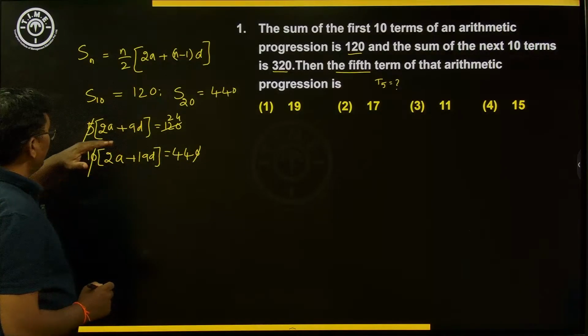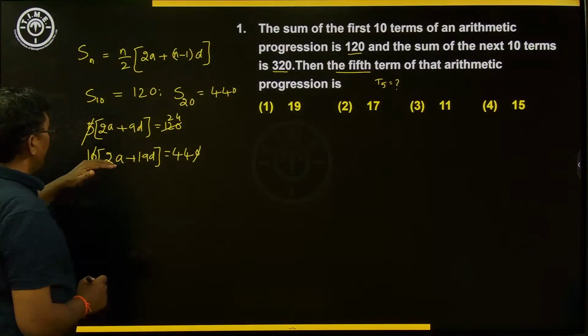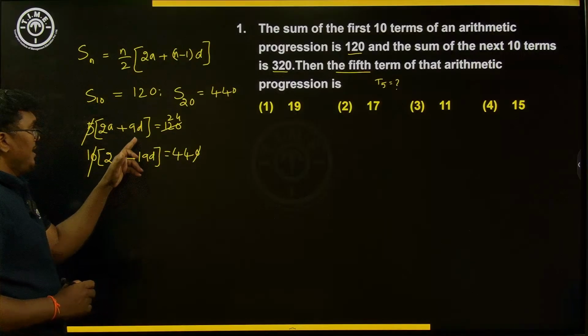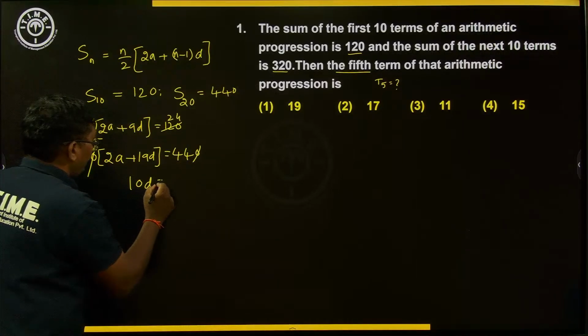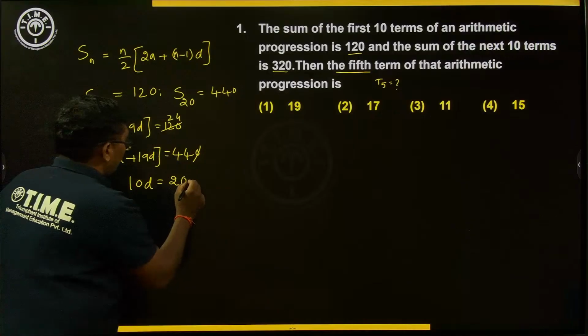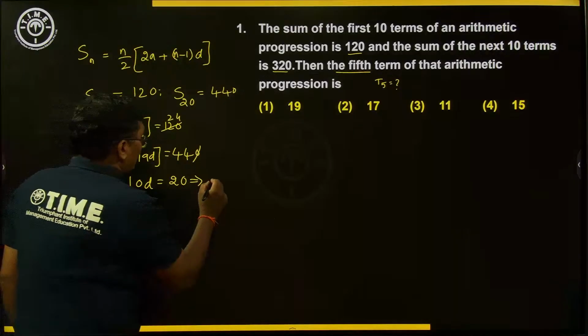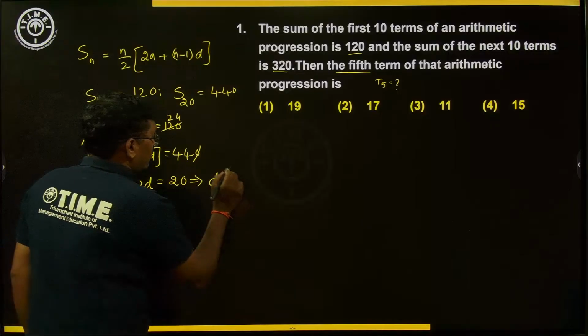If you subtract these two equations, this equation minus this one, 2a gets cancelled, 19d minus 9d is 10d, and 44 minus 24 is 20. So from this, d is equal to 2.